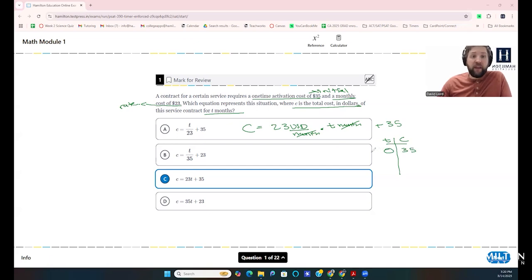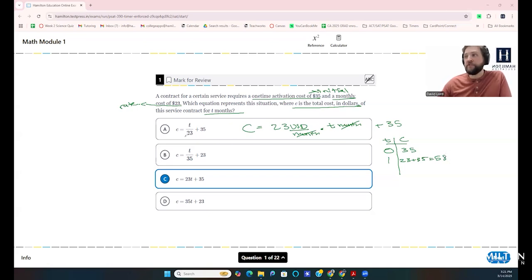If, on the other hand, they had 1 month, then they would have to pay the 1 month of $23 and then add 35 to it, which would make it 58. This right here matches what we currently have.